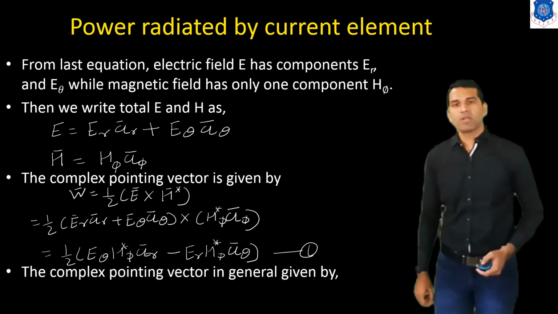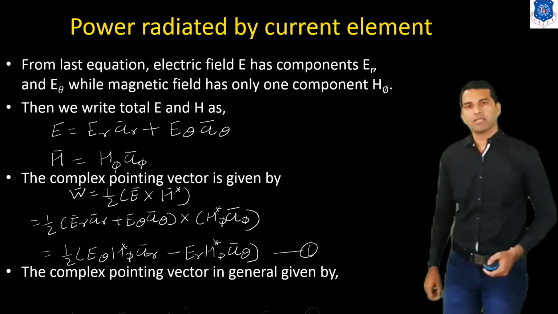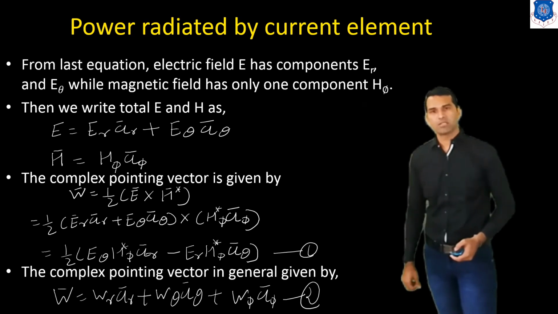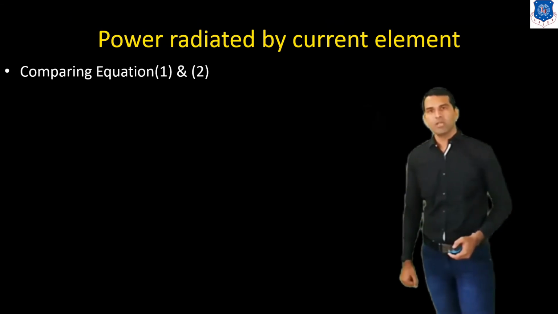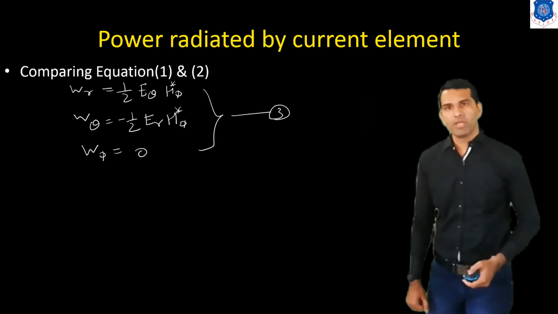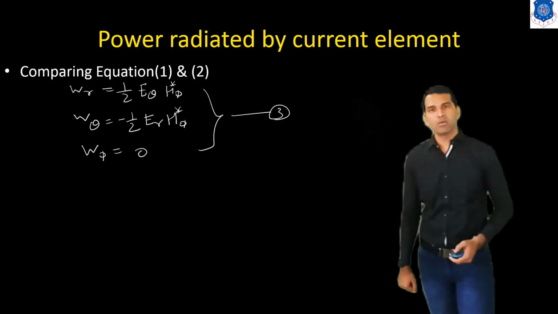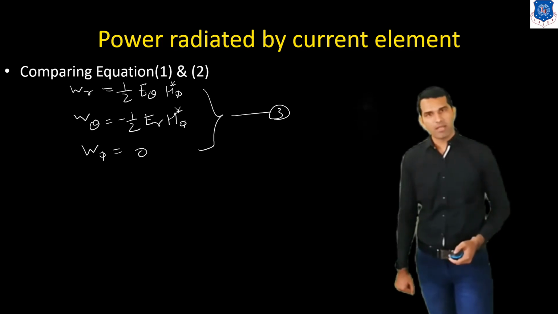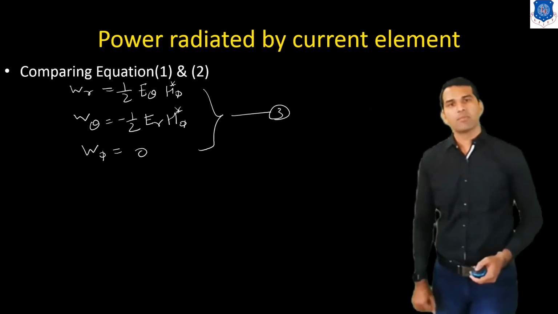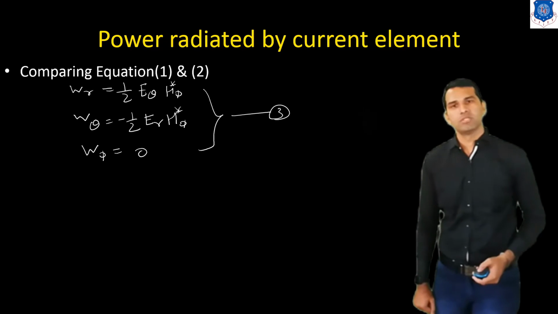Now the complex Poynting vector in general is given by W is equal to WR AR plus W theta A theta plus W phi A phi. Comparing equation number 1 and equation number 2, we get WR is equal to 1 by 2 E theta H phi star, W theta is equal to minus 1 by 2 ER H phi star, and W phi is equal to 0.